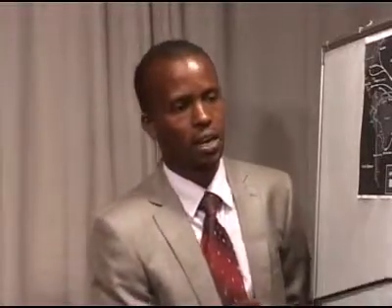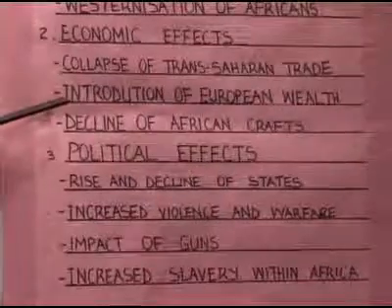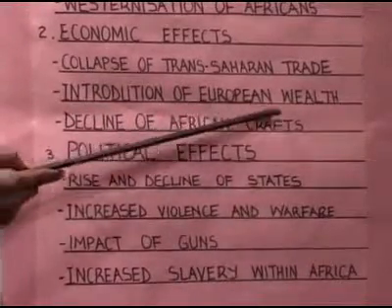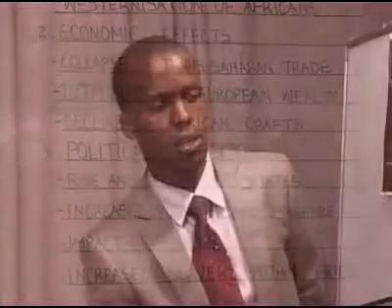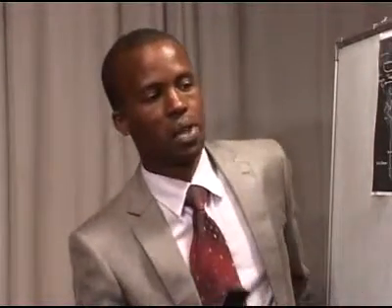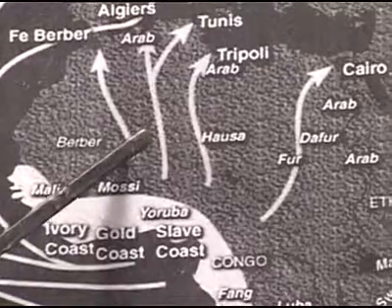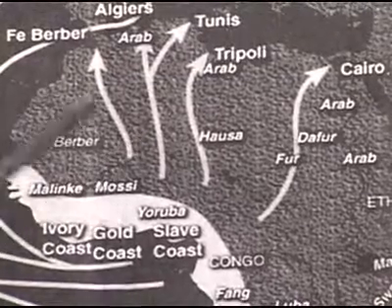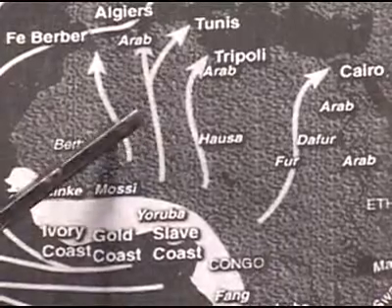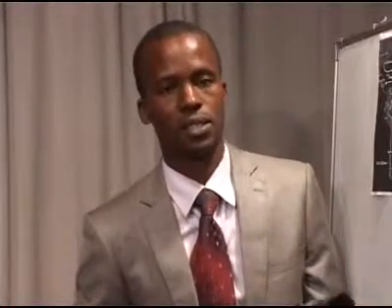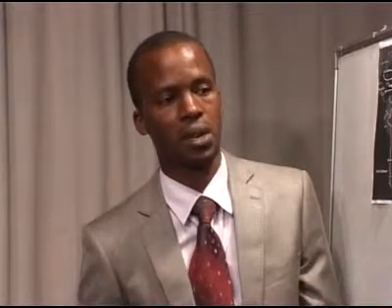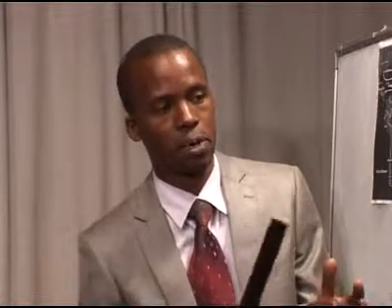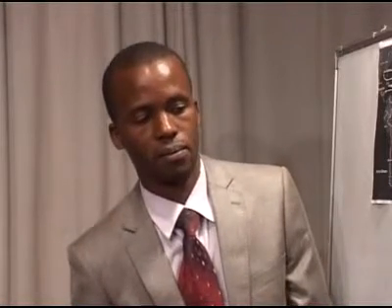The second reason under economic effects was the introduction of European wealth. When we're looking at the motives behind slave trade, we said these Europeans that came to Africa from Europe brought with them goods such as guns, gunpowder, beads, or in other words, jewelry. They brought these things into Africa.